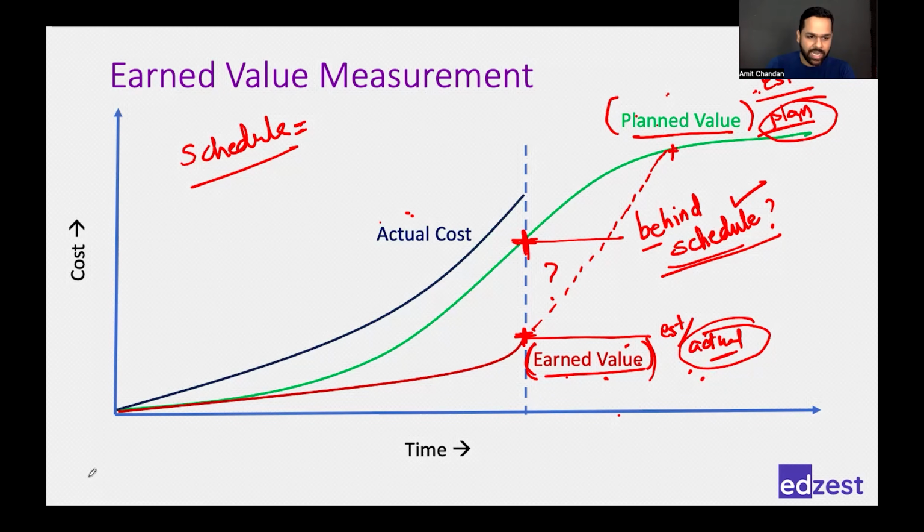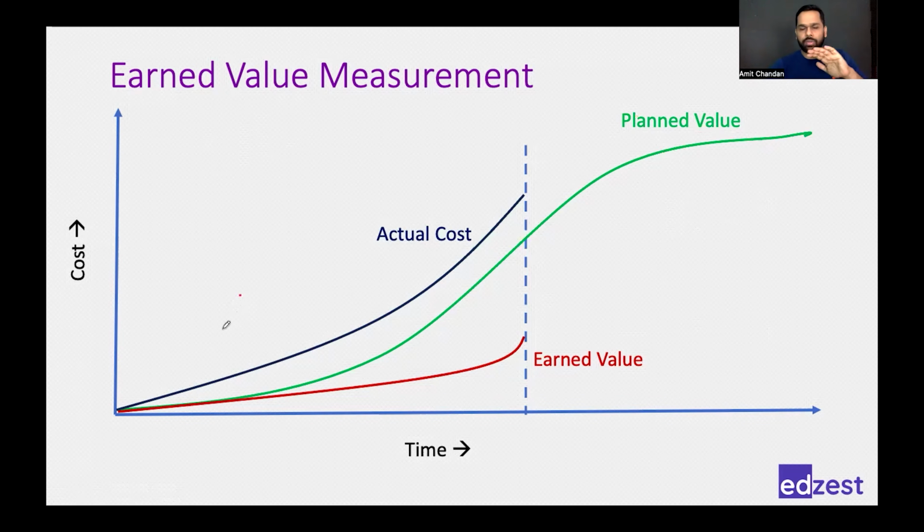As I said, when you calculate earned value, it makes our life very easy. We don't have to assume anything. We already have the budget. Actual cost is nothing but the expenses that we are getting. Any invoice that you get, any work that you do, you just put in the system the amount of money that we have to spend, or have already spent, or are liable to pay.